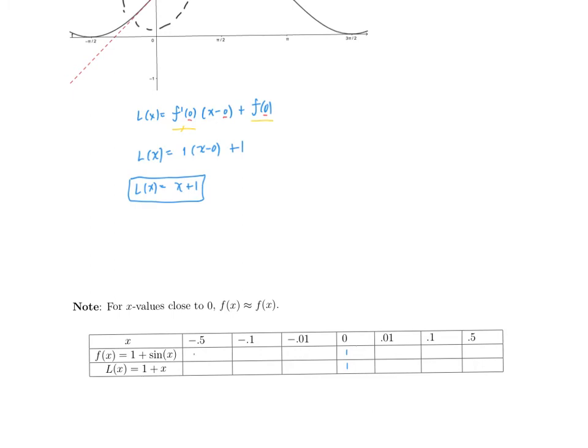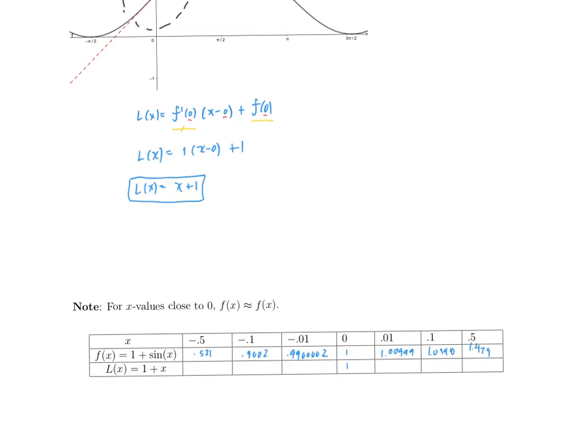And if we just work our way from left to right and we substitute in these x values for f, we would get 0.521, 0.9002, 0.99000002. And you could easily check this by substituting those values into your calculator. And then lastly, when we substitute in x equals 0.5, we get 1.479.